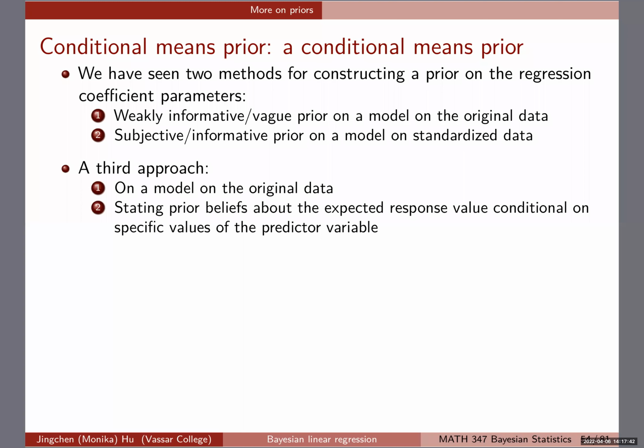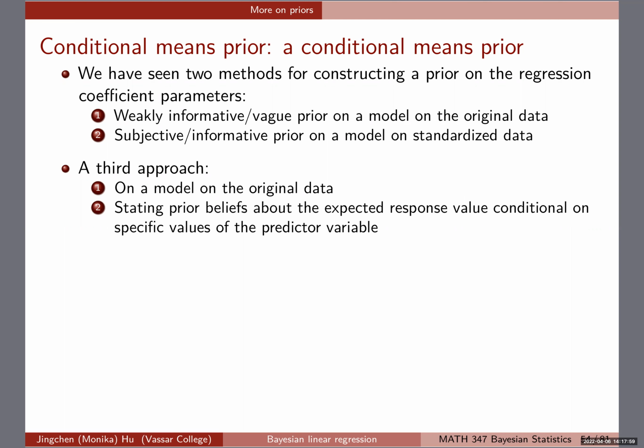So this will also, once again, be done on the original data. In particular, if you have beliefs about the expected response value conditioning on specific values of the predictor variable, then we're going to call this the conditional means prior. Let me parse that for you a little bit.